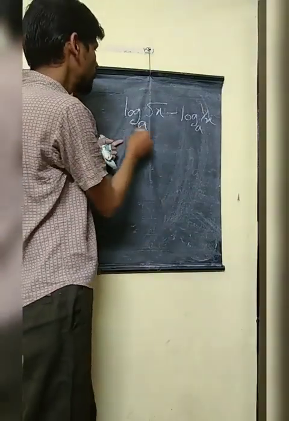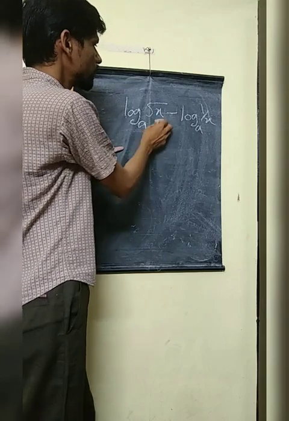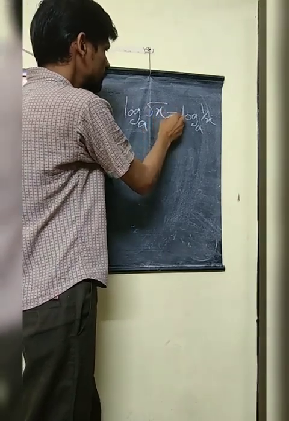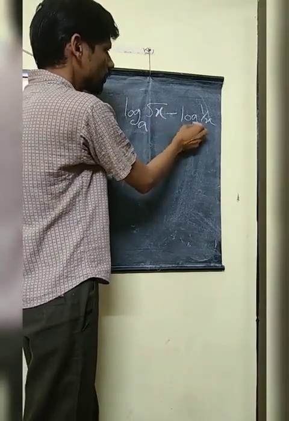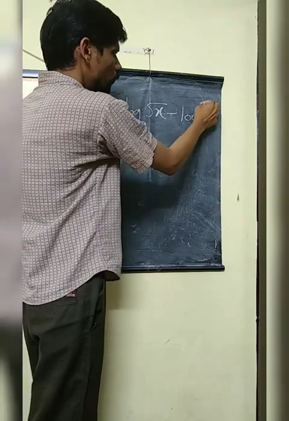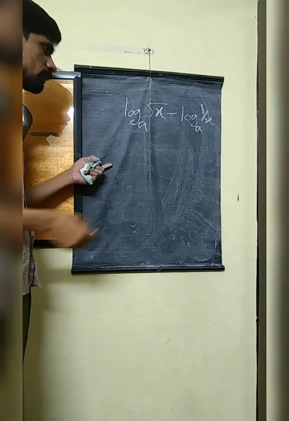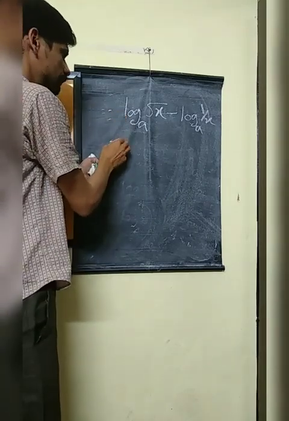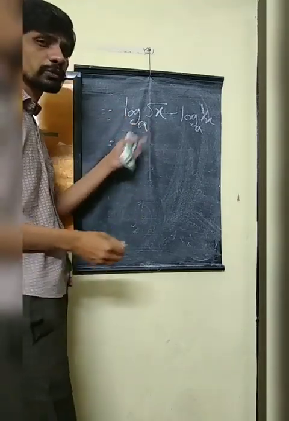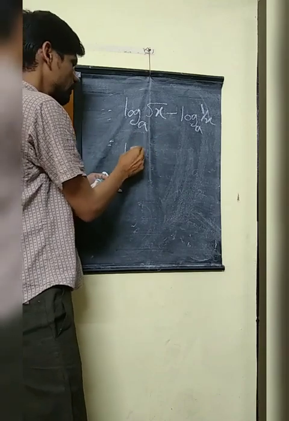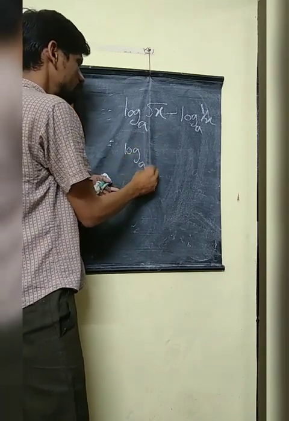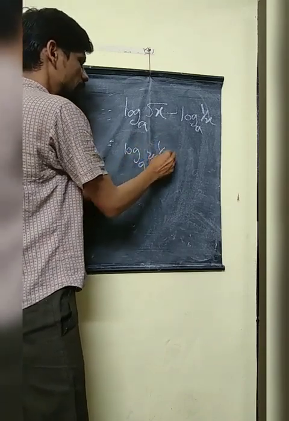We have another problem: log base a of root x minus log base a of 1 by x. How can we solve this? What will be the answer? So root x means we can make this x power 1 by 2, right?